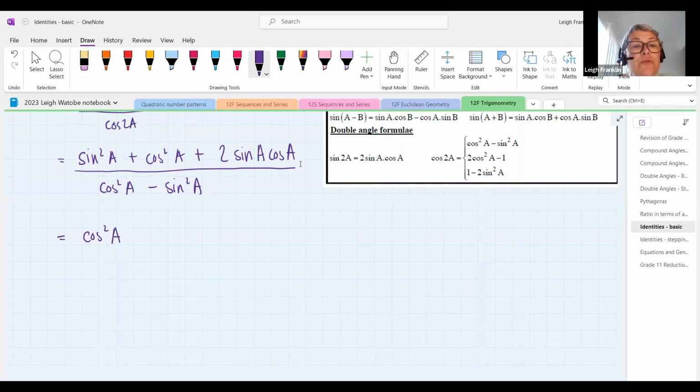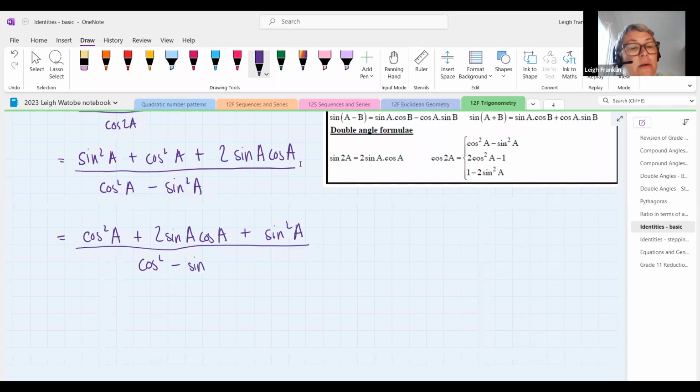This plus 2 sine a cos a is going to be my middle term, and sine squared a is going to go at the end. And I'm going to have that over cos squared a minus sine squared a.